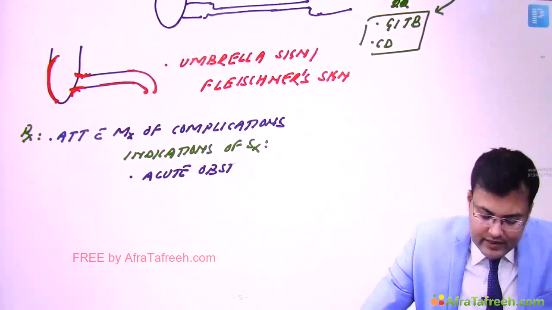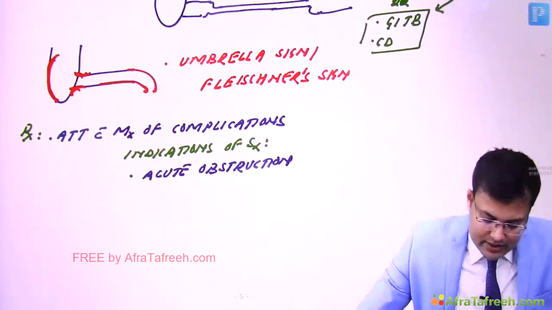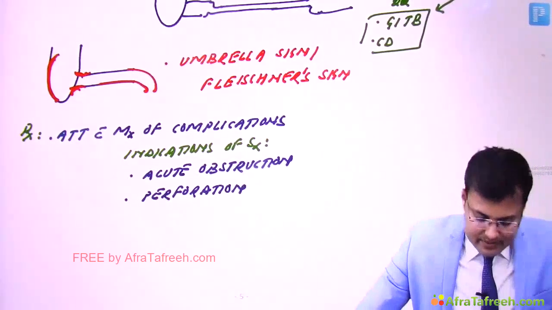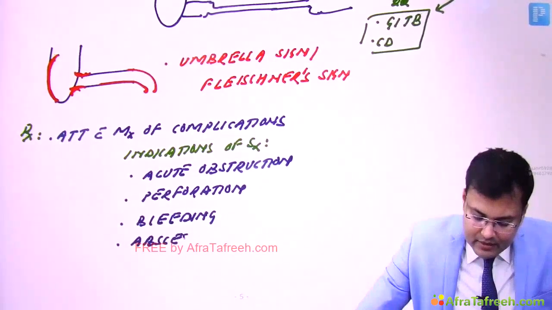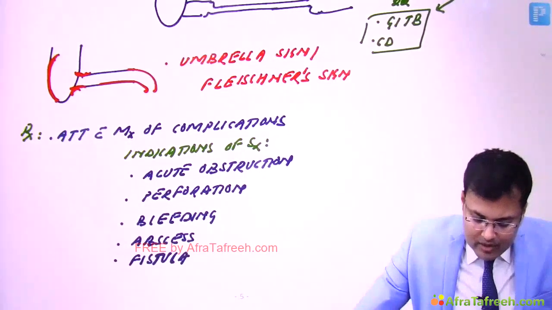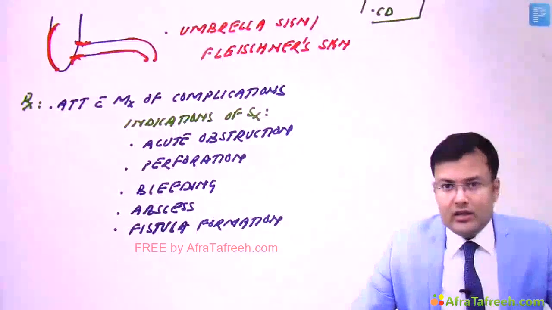If there is delay and the patient is having perforation, there is perforation peritonitis. If there is bleeding, abscess or fistula formation, in all these cases generally we do the surgery.